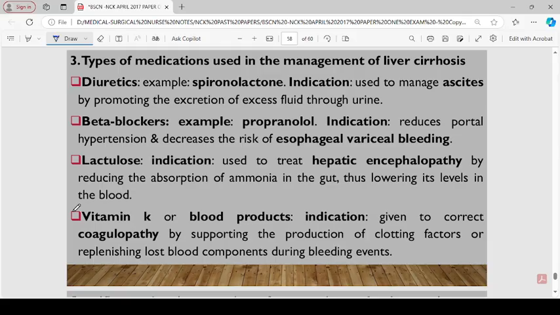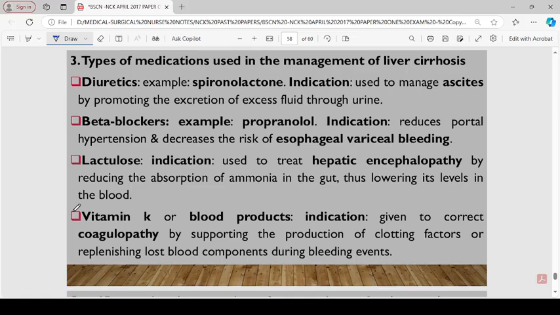Types of medication used in management of liver cirrhosis: we have diuretics like spironolactone, which is normally used to manage ascites by promoting excretion of fluid through urine. Beta blockers like propranolol, which reduce portal hypertension and decrease risk of esophageal varices bleeding.